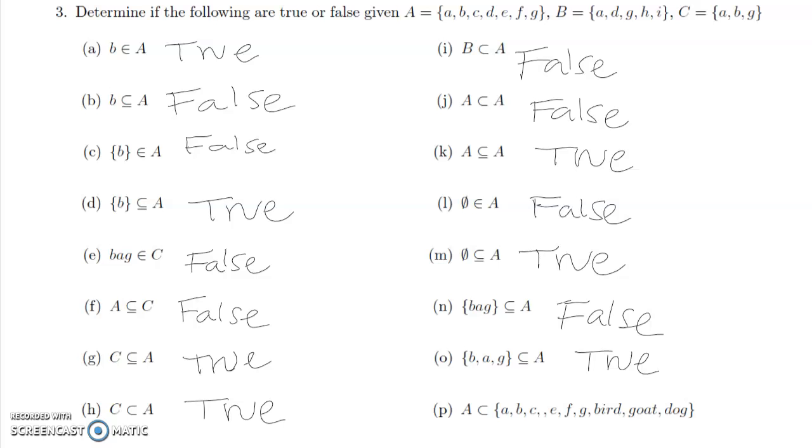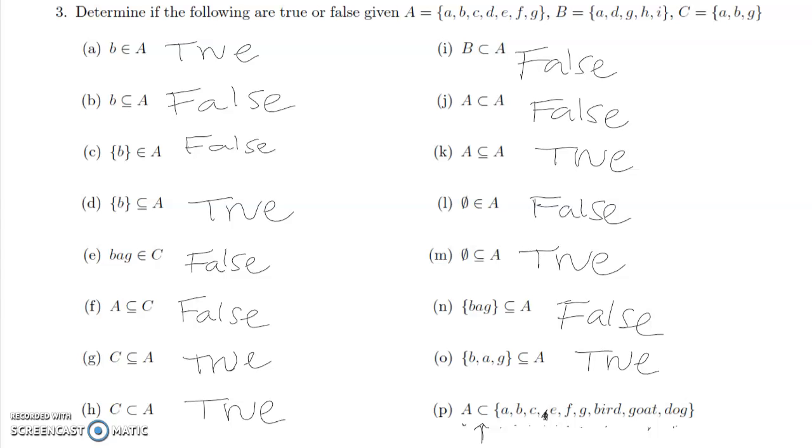And our last one here we're asking, is A a proper subset of the set containing A, B, C, D, E, F, G, bird, goat, and dog? So we've thrown a bunch of extra things in there. Notice they aren't letters, but it really doesn't matter. I can put whatever I want in a set. We also should just get rid of this extra comma that shouldn't be there.